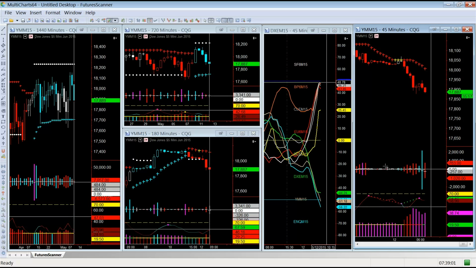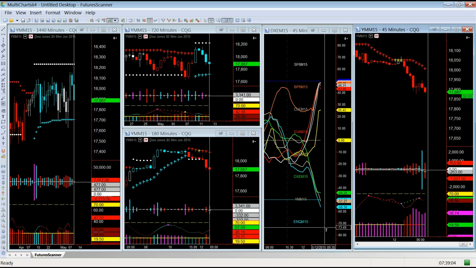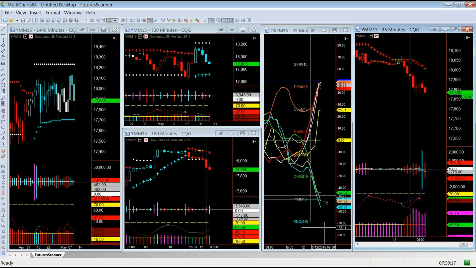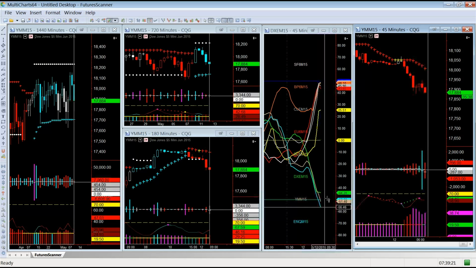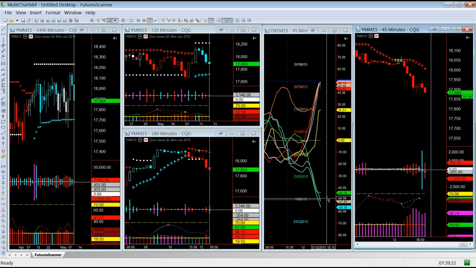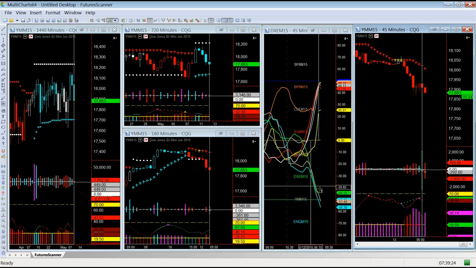On the downside, you have the NASDAQ, the dollar index, and the Dow. I don't have the ES on there, but I just about guarantee the ES would be down around here as well. That means we could potentially see some upward movement today.